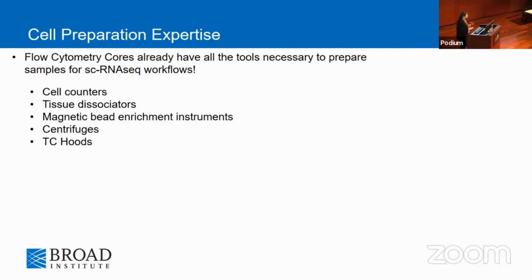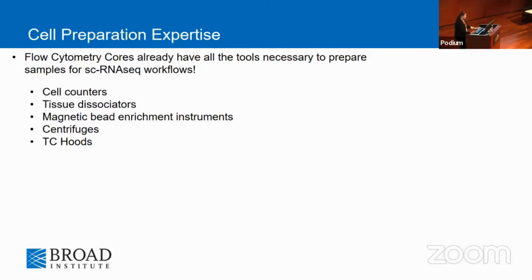So there are a few things that you can leverage running a flow cytometry lab that really help on the single cell genomics side. And one of them is just cell preparation expertise. Like, we are pros at prepping cells to go onto cell sorters. And you can use this on the 10x side or whatever single cell side you're working with, because oftentimes genomics colleagues don't have as much of this experience because we've been doing this maybe 5, 10, 15, 20 years, forever, right?